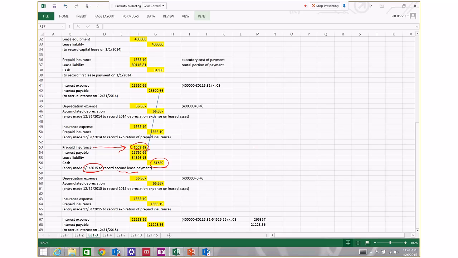And then the remaining portion of the payment has to be split between principal and interest.